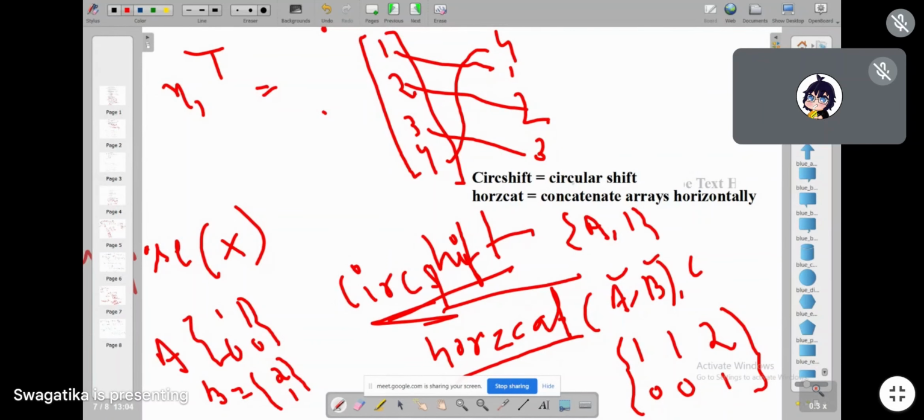This A is your matrix which you want to shift. Now 1 is the shift value, how many positions you want to shift. We are just shifting one position, like this 4 1 2 3, so you have to write 1.